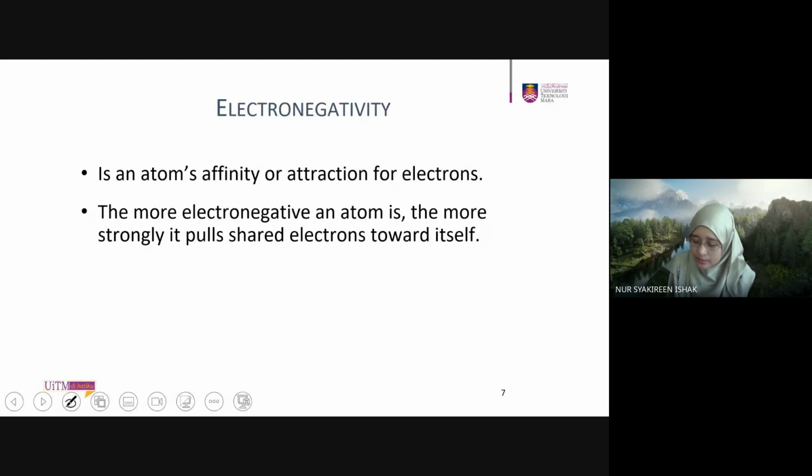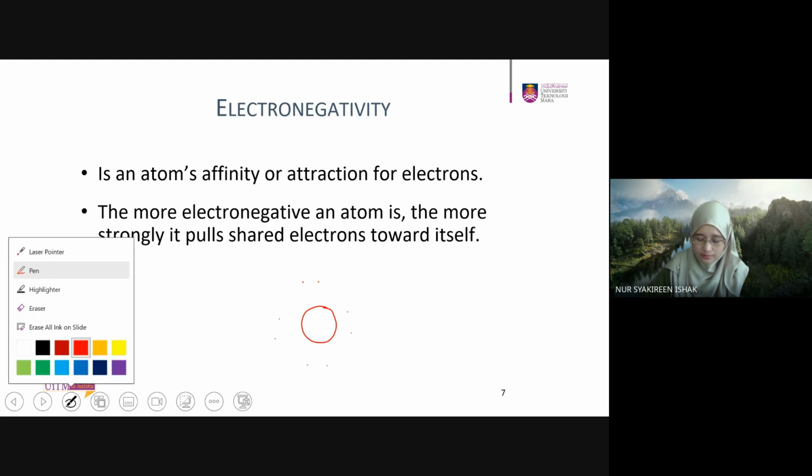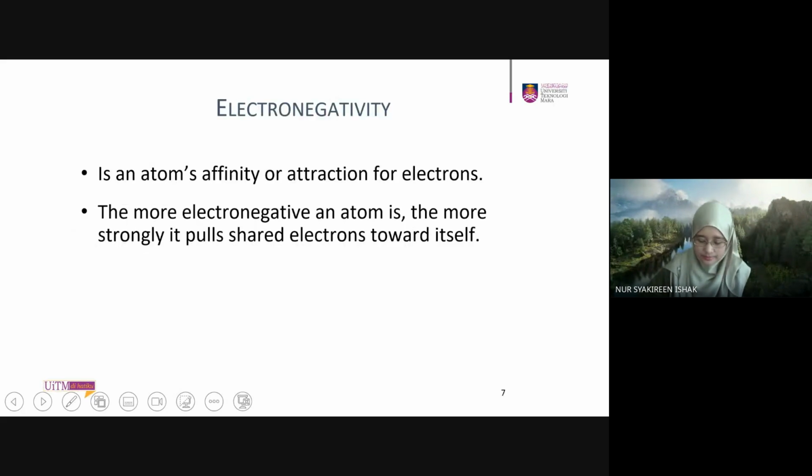Okay, oxygen. The oxygen atom. So oxygen is an atom where it has 6 valence electrons. 2, 4, 6, 8. Sorry. 1, 2, 3, 4, 5, 6.